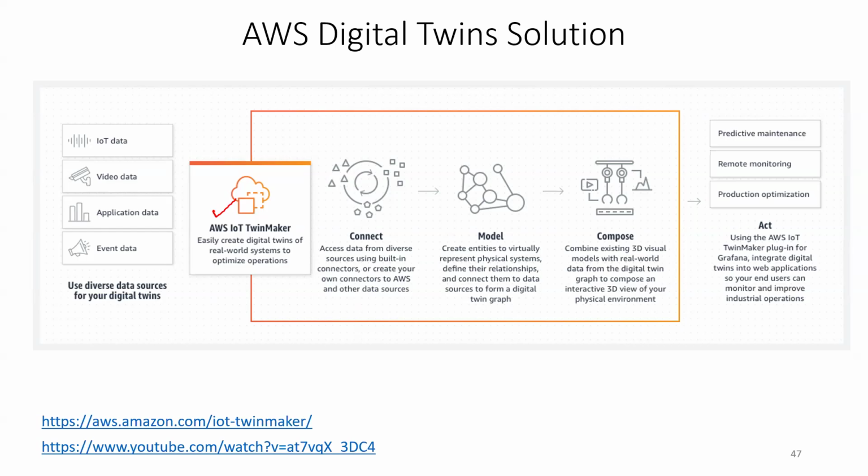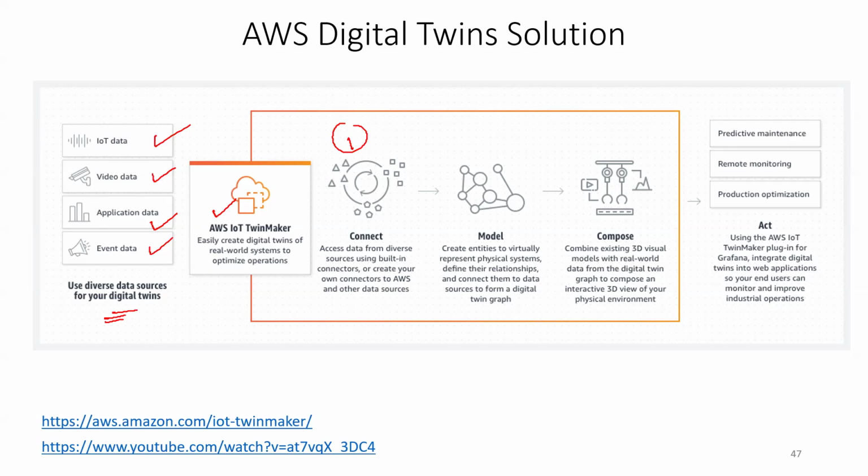AWS IoT TwinMaker enables the creation of digital twins by integrating diverse types of real-world data, like IoT data, video feeds, application data, and even event logs to create a digital representation of our physical system.